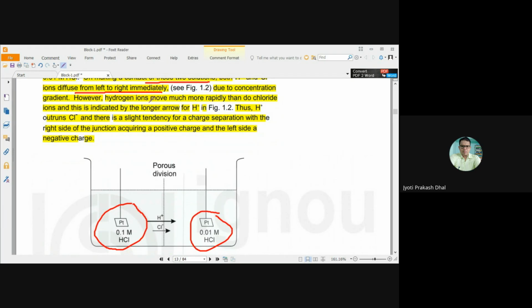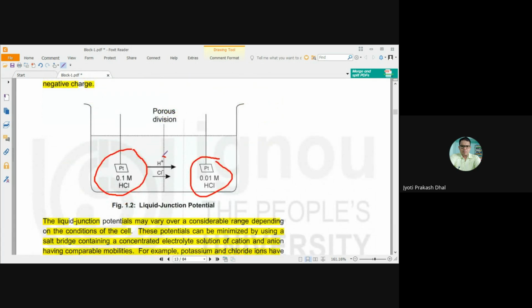However, the hydrogen ions move much more rapidly than the Cl minus ions. So here the H plus ions will diffuse much more rapidly than the Cl minus ions, that is indicated by the longer arrow. You can see the H plus ions and the Cl minus ions.